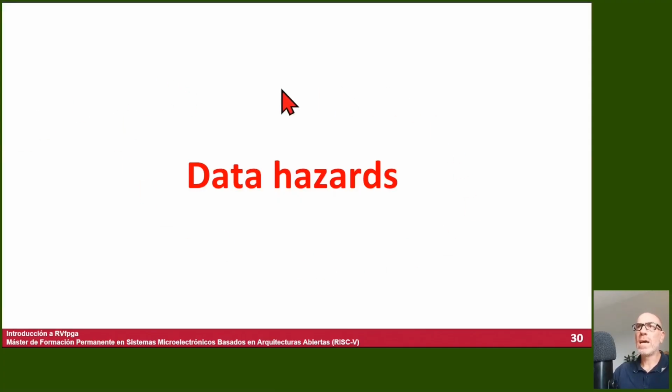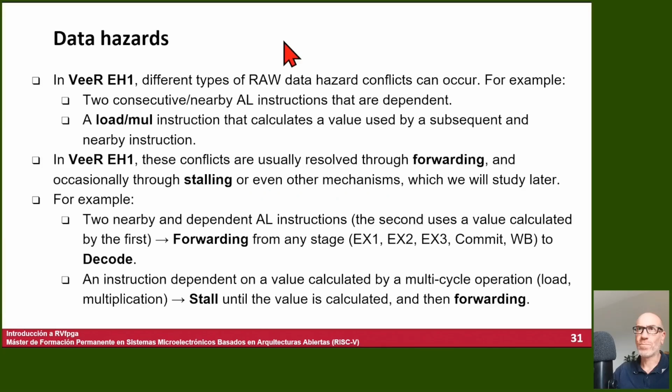Now let's examine data hazards. There are various types of data hazards, particularly read after write hazards, which can cause issues, while WAR and WAW hazards don't pose problems in this processor due to its structure. As mentioned, there are different RAW hazards.